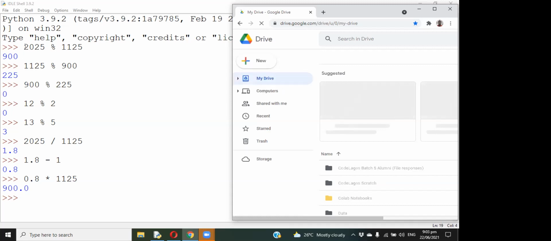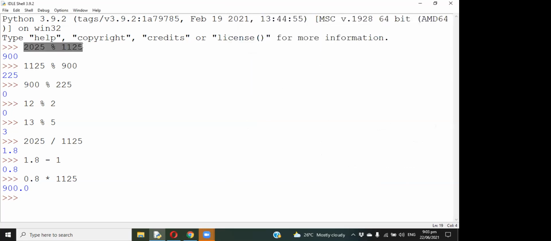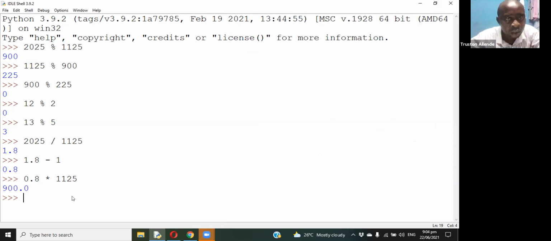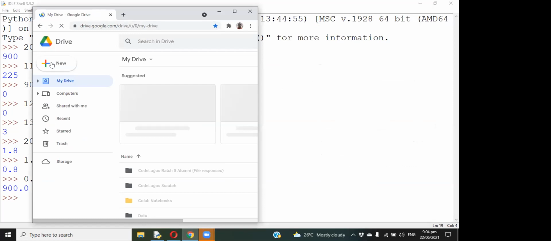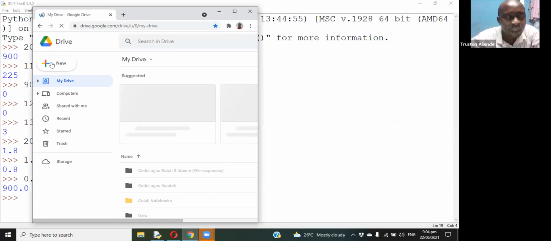Then for 2025, we're having a remainder of 900. Okay, I get it now. So what happens is this: to do modulus, we go on a spreadsheet. The best way to understand Euclid's algorithm is to use a spreadsheet.